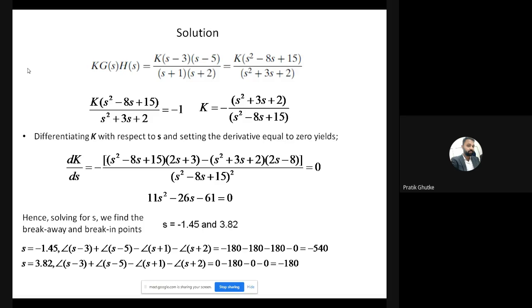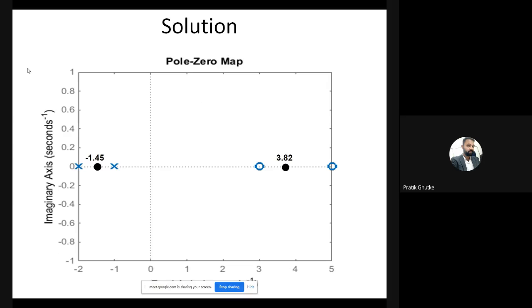So in this numerical, there were two valid breakaway points. From these two breakaway points, my root locus will exist. These are my actual breakaway points, 3.82 and minus 1.45. So these are valid breakaway points.